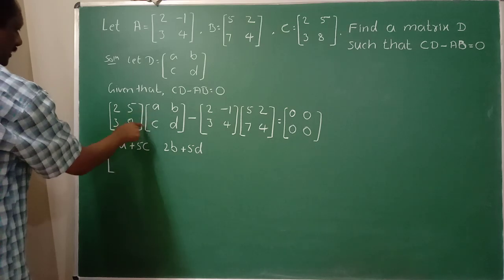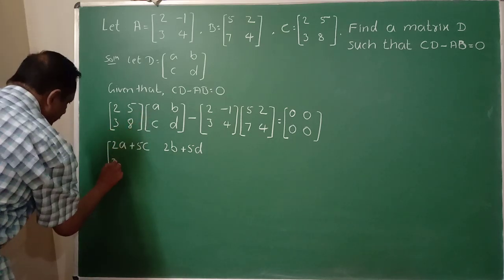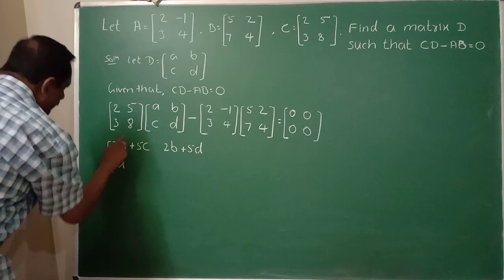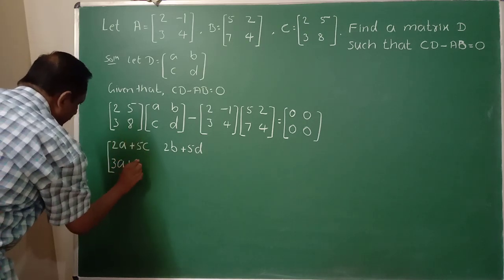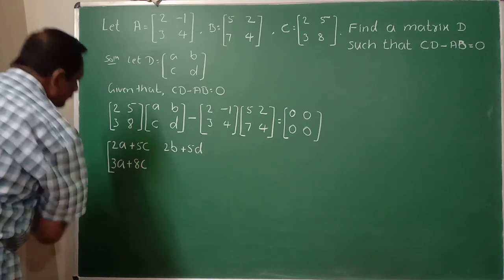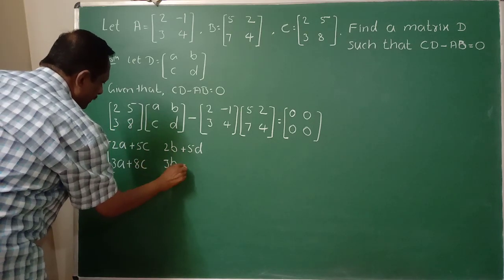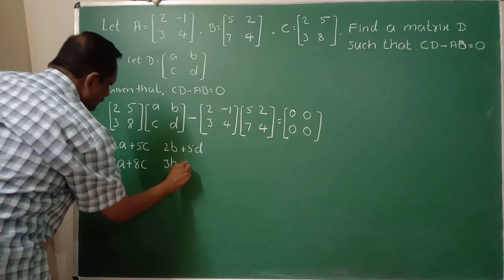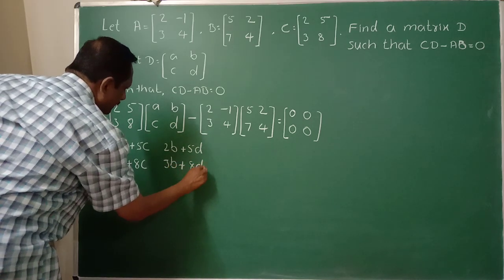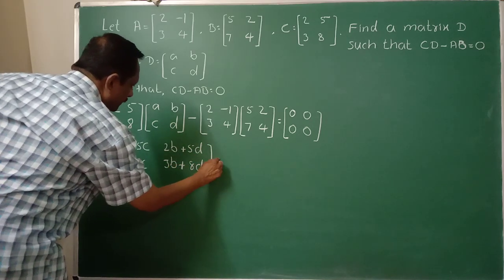Multiply this row with the column: 3 into a becomes 3a, plus 8 into c is 8c, 3 into b becomes 3b, then plus 8 into d is 8d. Minus of.